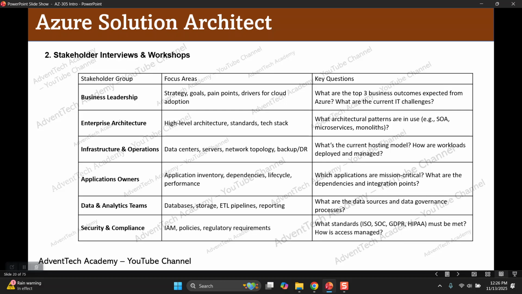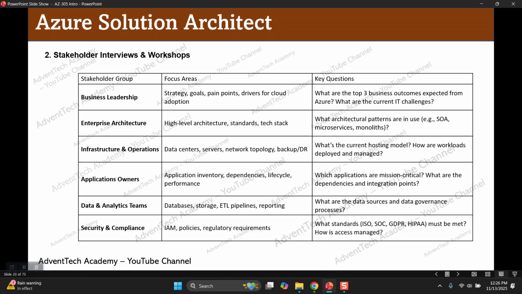Finally, it is security and compliance. It's mainly focused on identity access management (IAM), policies, regulatory requirements. Here we need to ask the key question like what standards like ISO, SOC, GDPR, HIPAA must be met.